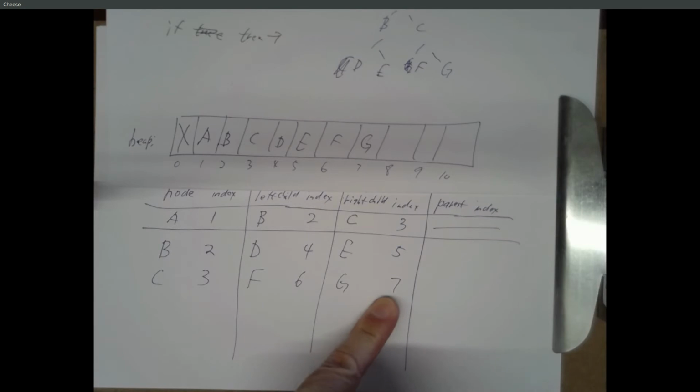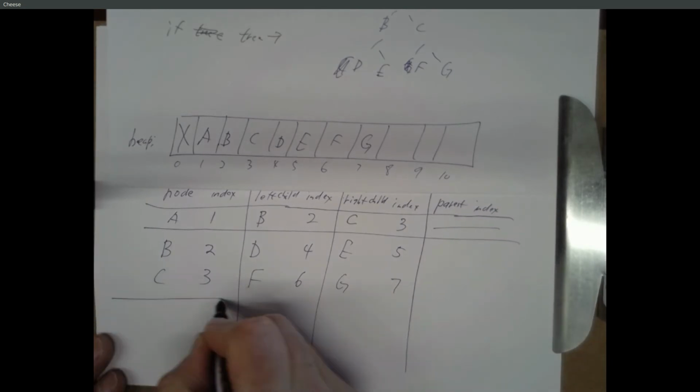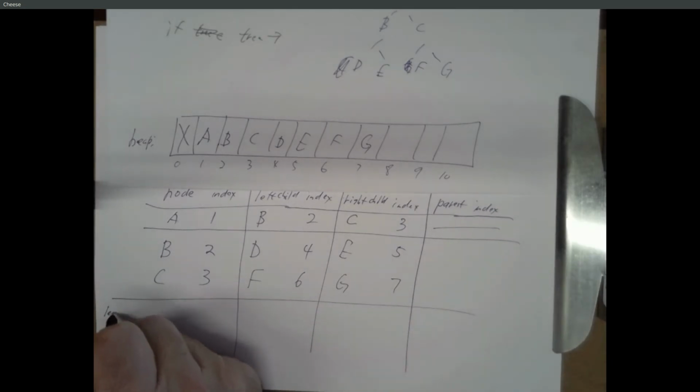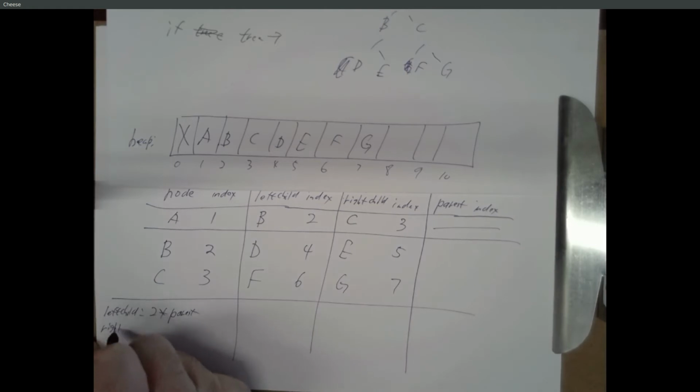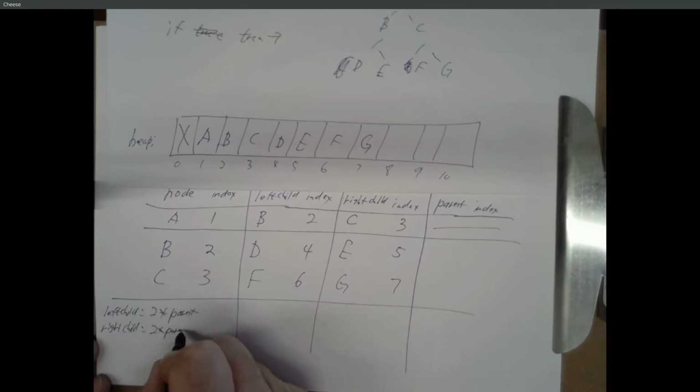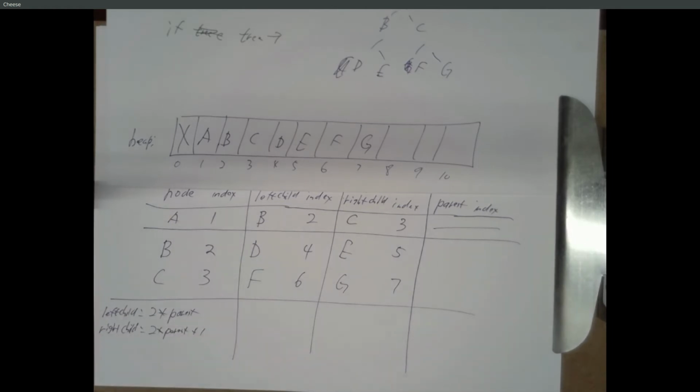So now we got a way to move down the tree. Left child equals 2 times parent. Right child equals 2 times parent plus 1. Or left child plus 1.